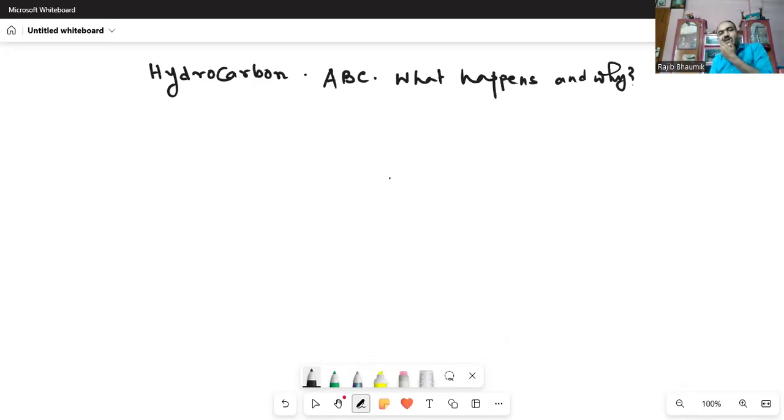There are 3 types of questions that come in the examination. One is what happens and why, another is conversions, and number 3 is short notes. We are taking the questions from the ABC and doing them with appropriate reaction mechanisms, so that you can understand it properly.